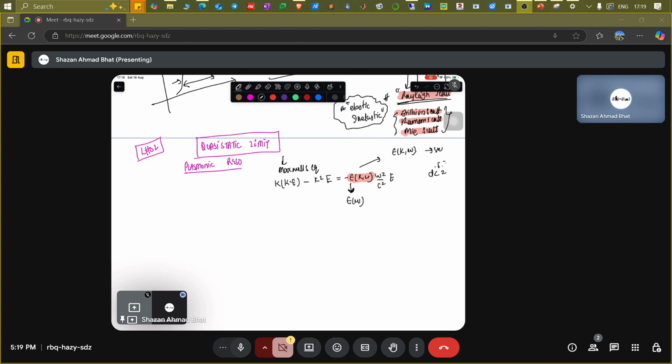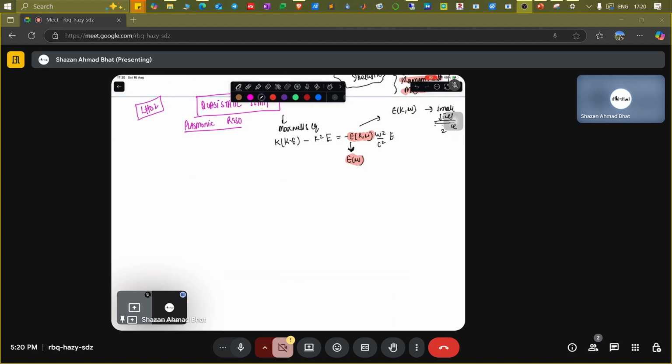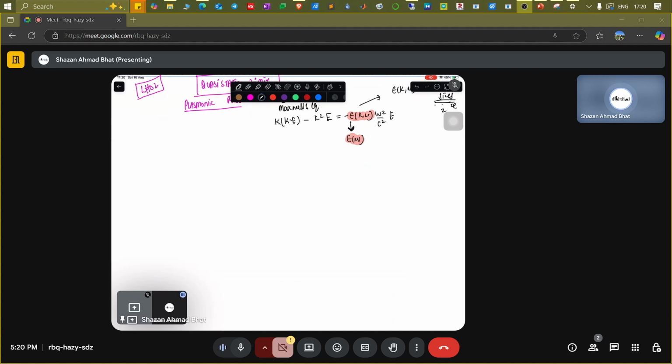So for very small sizes, we are going to take it as almost only dependent upon the frequency of the light.